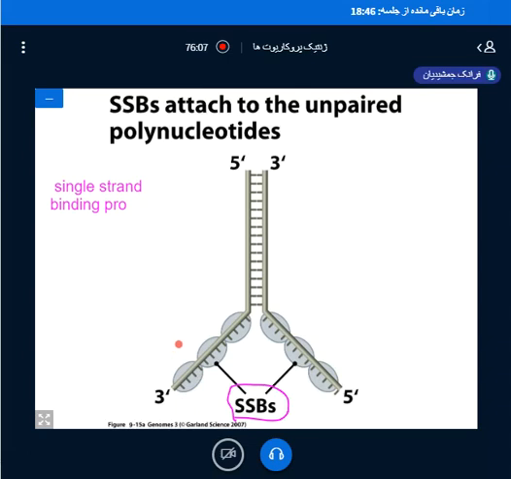But SSBPs come. What do SSBPs do? SSBPs attach to single strand DNA, and after they attach, they don't let the DNA strands attach to each other. Okay?